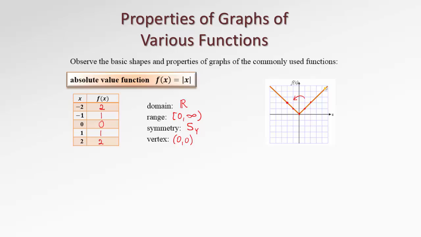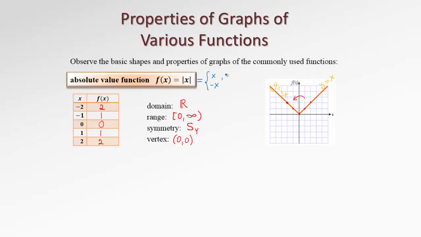This vertex is the point where the line y equals x is reaching the x-axis and doesn't proceed any farther as it normally would, but it is reflected over the x-axis up because the values of absolute value of x are always positive. And the section to the left of the y-axis is actually part of the equation y equals -x, but only the part that belongs to the negative x's. This is something that we should expect because absolute value of x, according to the definition, is either x or -x.